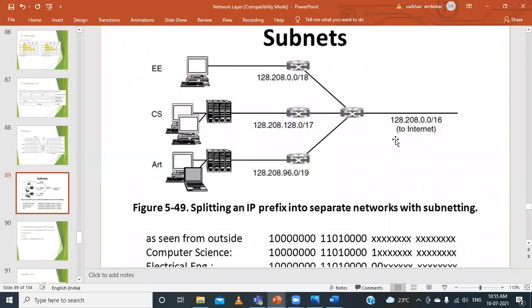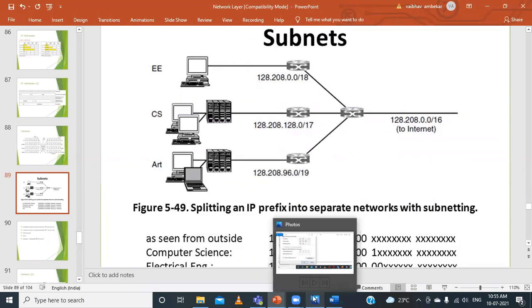So routing by prefixes requires all the hosts in a network to have the same network number. Having these network numbers is not possible always. When the number of computers grows or the number of departments grows, it is not possible to have the same prefixes every time. For that purpose, we use this concept of subnetting.